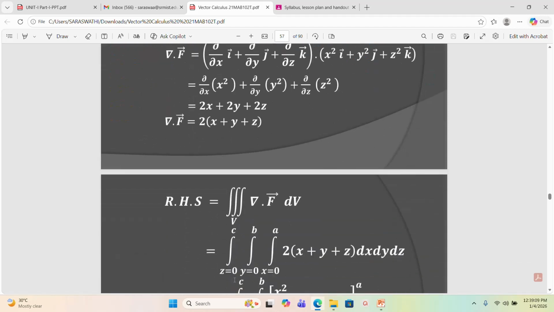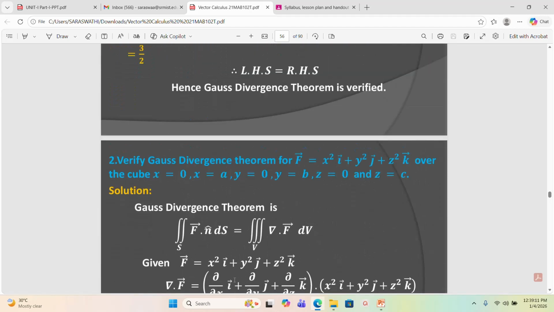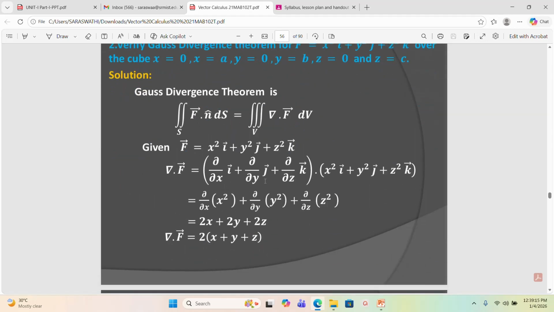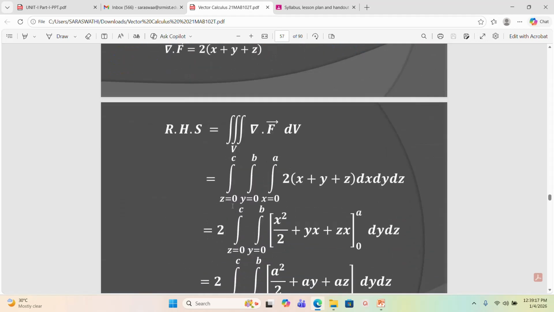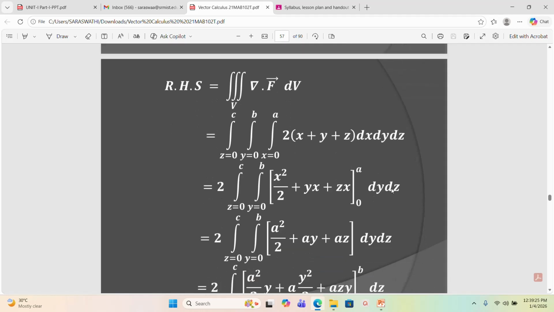And now the volume: the given limits are x equal to 0 to a, y equal to 0 to b, and z equal to 0 to c. The value of the divergence into dv is dx dy dz. So now 2 into, integrate z equal to 0 to c, y equal to 0 to b.